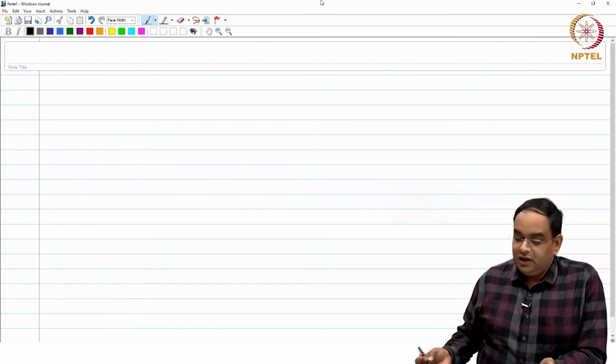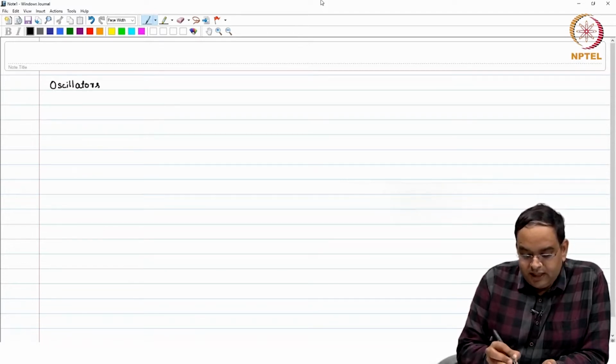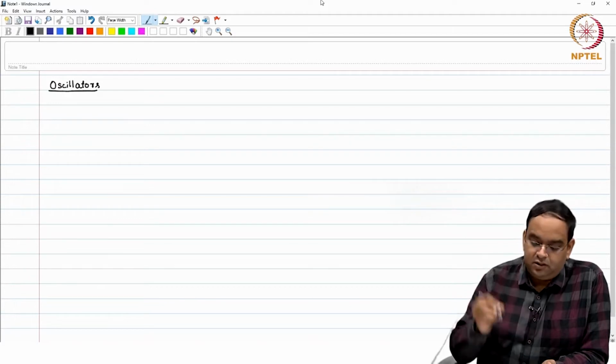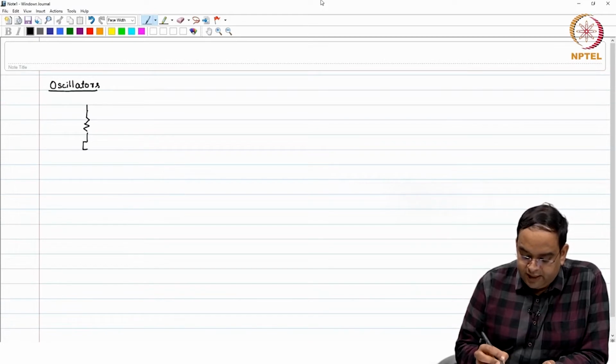Hello everyone, welcome to this session. We were discussing the oscillators in the previous session, and we looked at a simple common source amplifier based ring oscillator. So, you had R and C at the output load.